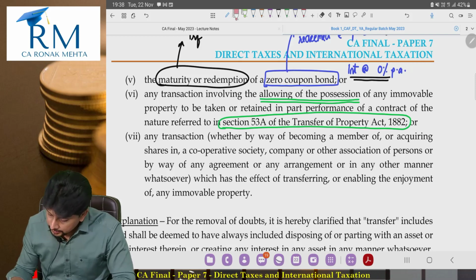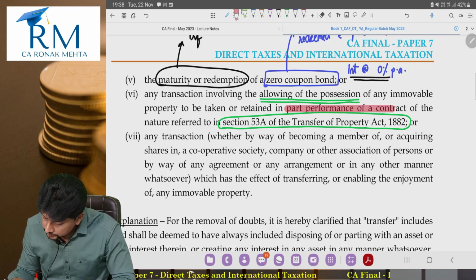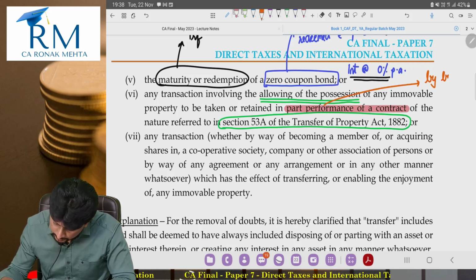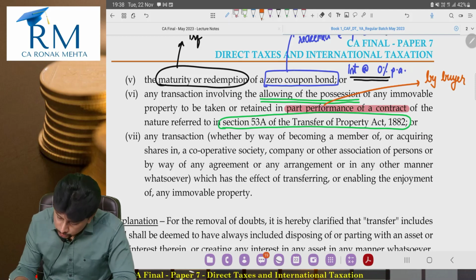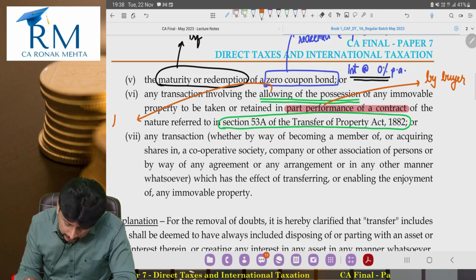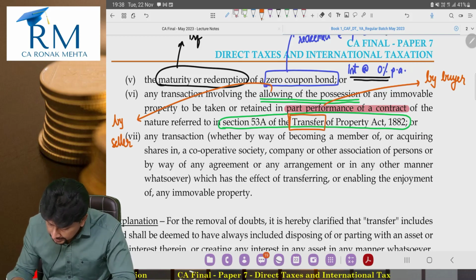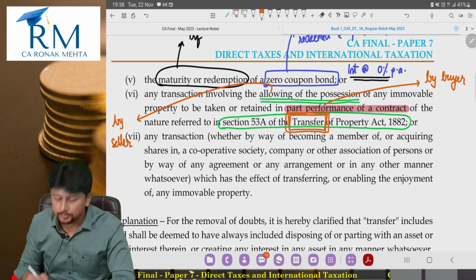Because there is part performance of the contract. Who did that part performance? This part performance was done by the buyer. So this was allowed by the seller, and 53A of Transfer of Property Act calls this a transfer.